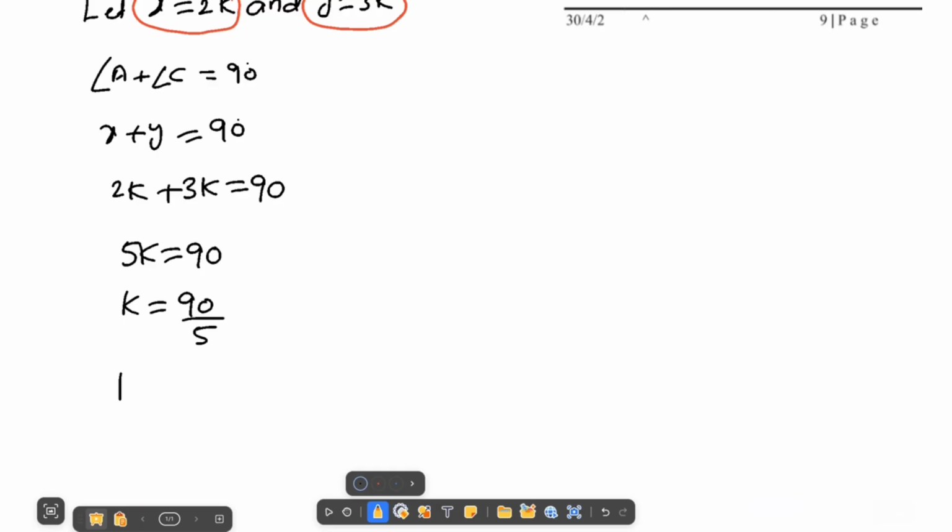Cancellation is possible. Let's try to cancel with the 5 table. 5 ones are 5, remainder 4. 4 and 0, 40. 5 eights are 40. Now the k value is 18.